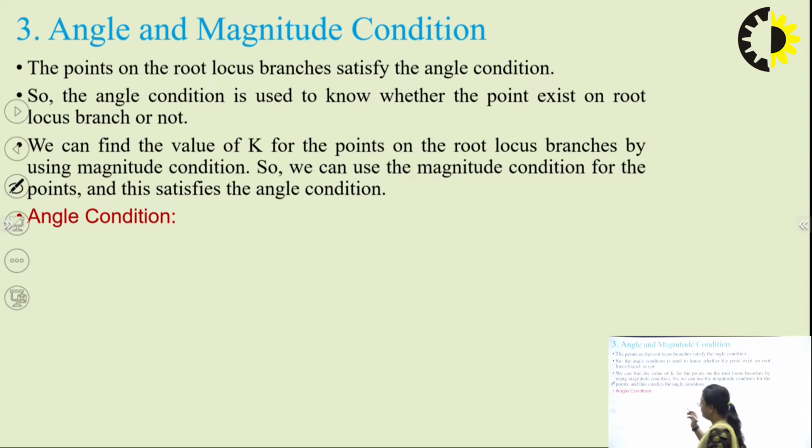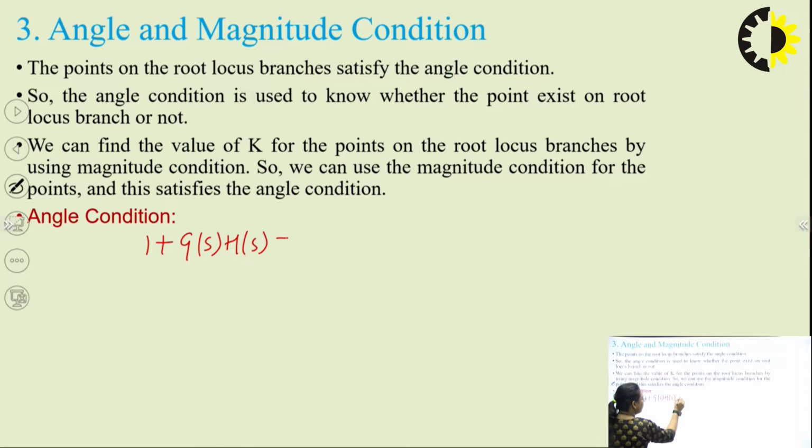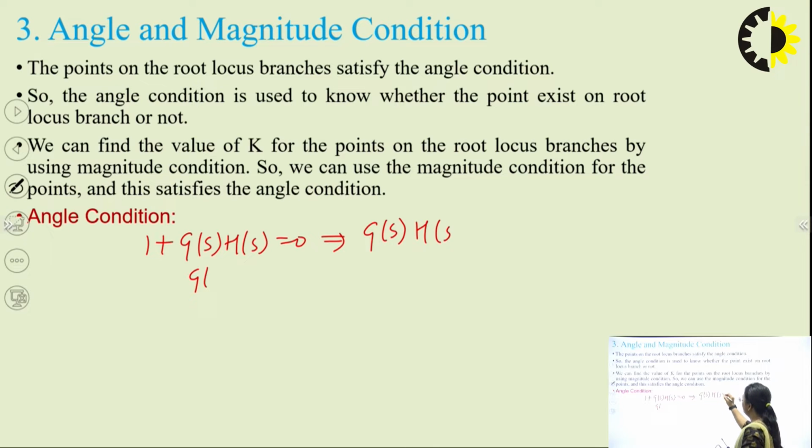See, we know the characteristic equation 1 plus G(s)H(s) equals 0. And if I write it from here, G(s)H(s) equals minus 1. Shall I write it as minus 1 plus j0, right? So I can find out the angle with this.